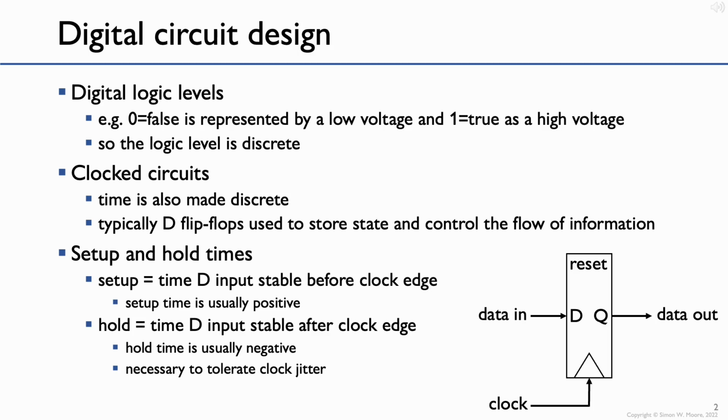If we imagine data going from one flip-flop to the next, on every clock edge the D input gets copied to the Q output. If we didn't have a negative hold time, then we might violate the setup time for the next flip-flop in the chain, if that makes sense.